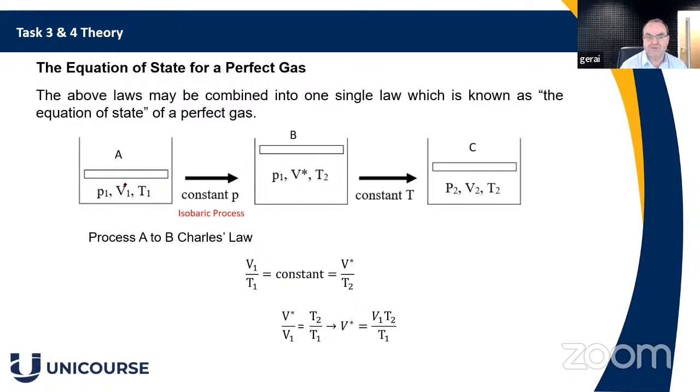Notice the volume is always in capital, because it's not dependent on any other property, same as temperature in capital, but pressure is in pascals or newtons per meter squared, so it's in lowercase. So we have P1, V1, and T1.